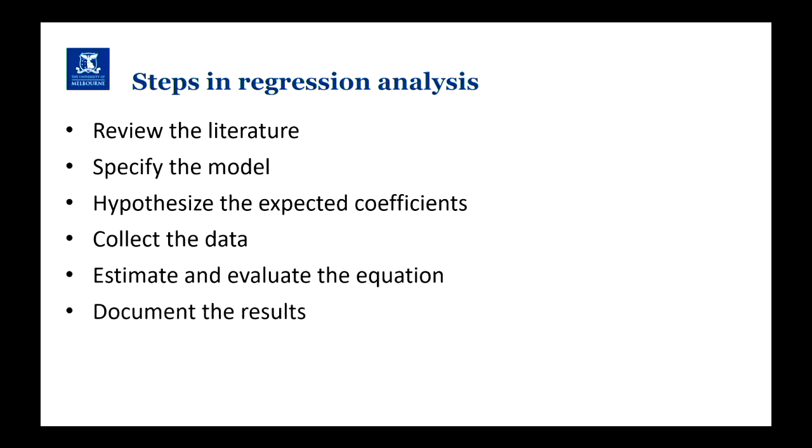Finally, we probably will rerun the model, or maybe we will recollect some data, or maybe we improve the theory or improve the hypothesis, and eventually we will have our final results, and we document and present or interpret those results. Those 6 steps are the normal procedures which we can adopt for our regression analysis.